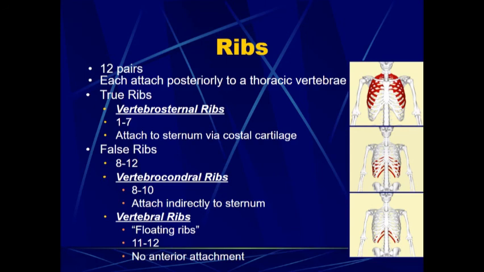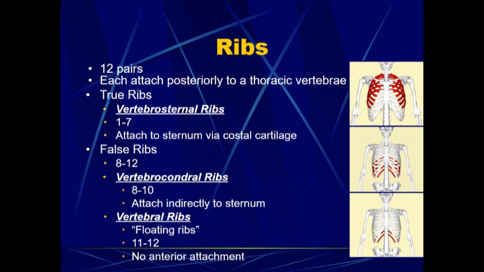The false ribs are ribs 8 through 12. And those ribs can be further subdivided into the vertebral chondral ribs. Those would be ribs 8, 9, and 10. They have vertebral attachments posteriorly, and then in the front, anteriorly, they attach indirectly to the sternum.